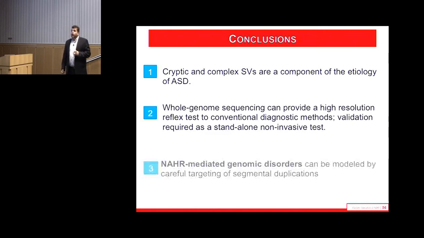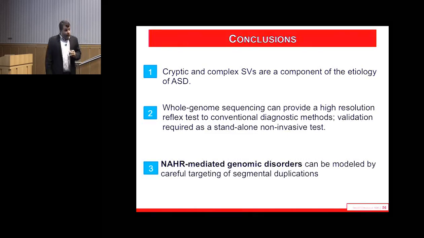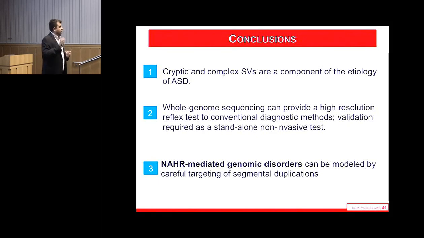No, it's a great question. My guess is that the Simons Simplex Collection actually has a low proportion of cases compared to, say, a sample loaded with intellectual disability, congenital anomalies, or dysmorphism.